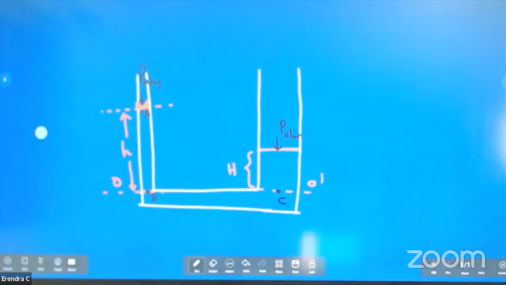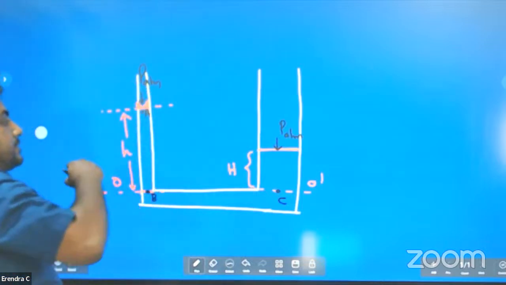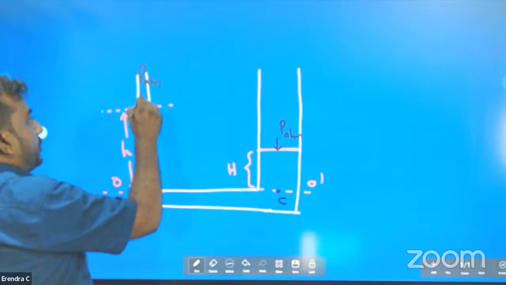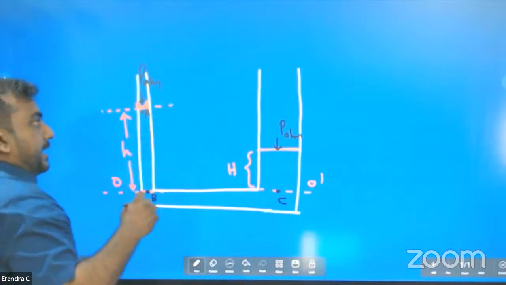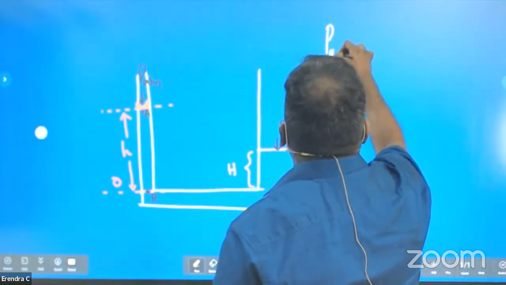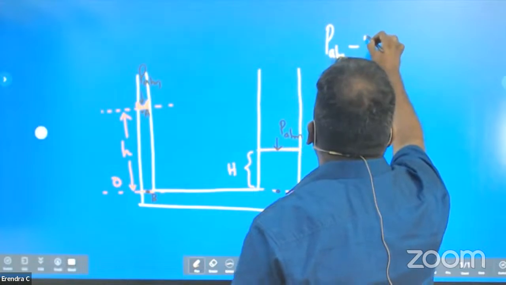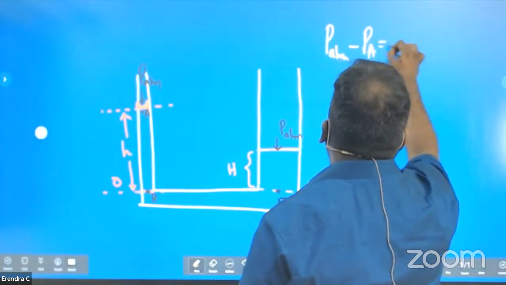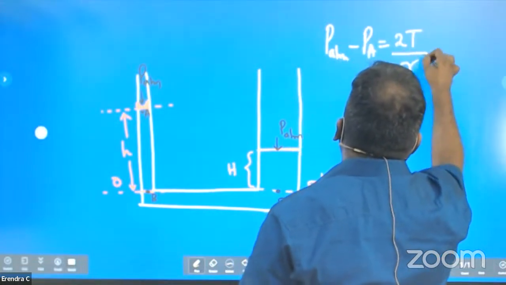Now look at this carefully. When you are writing this, let's say the radius is simple r. This you will learn under surface tension. PATM minus pressure at A, the pressure difference, is 2T divided by simple r.